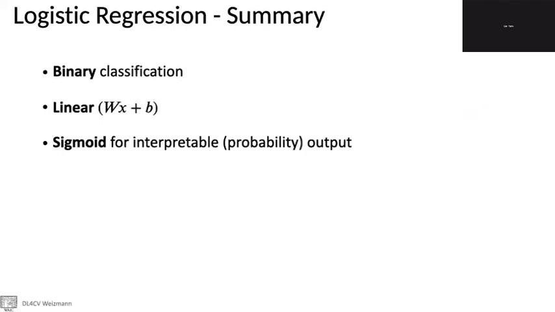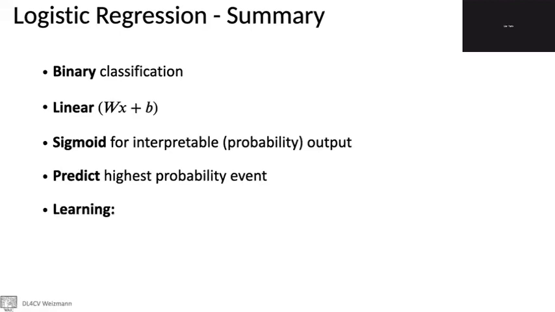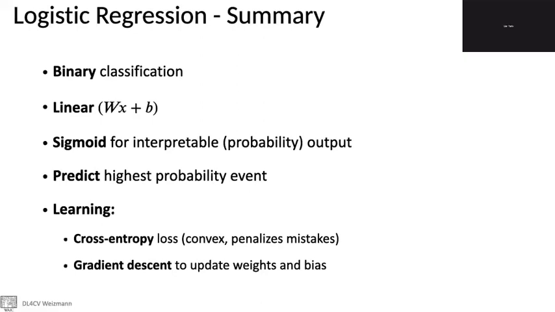And we are using the sigmoid in order to interpret the result as a probability output. We want to predict the highest probability event: given new data, is it classified as spam or not spam, dog or cat, or whatever? And in order to learn this linear classification, we're going to use the cross-entropy loss, which is convex and penalizes mistakes. And we're going to apply gradient descent or stochastic gradient descent in order to update the weights and the bias.